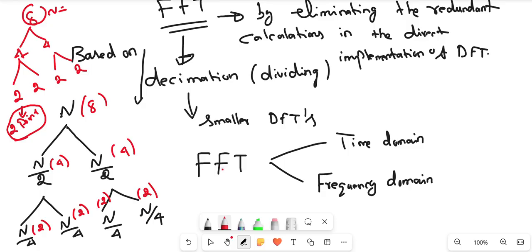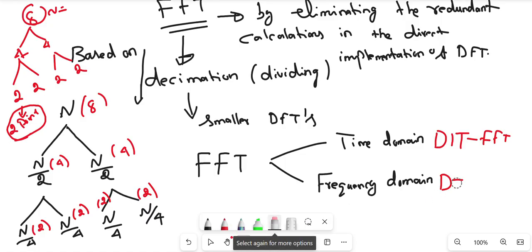So this fast Fourier transform can be performed either as decimation in time FFT or decimation in frequency FFT.